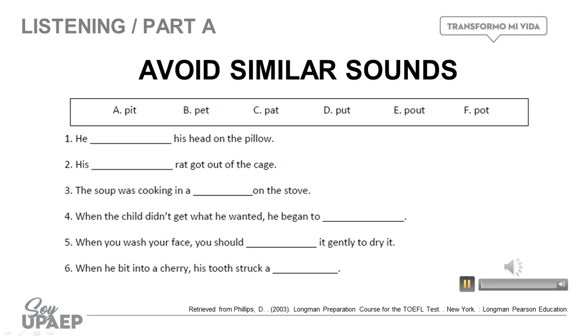Appendix Exercise A1. Number 1. He put his head on the pillow. Number 2. His pet rat got out of the cage. Number 3. The soup was cooking in a pot on the stove.